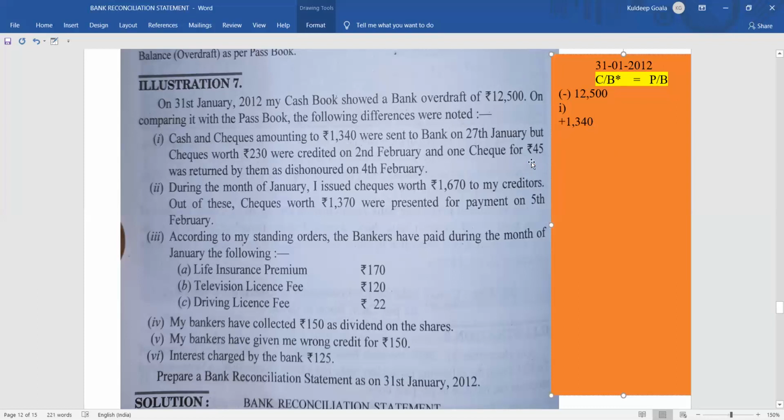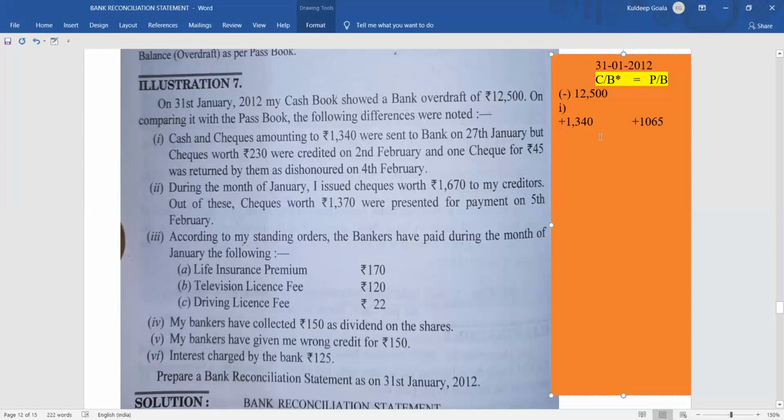Okay, so what is the amount? Let's find it. After deducting, it is coming to 1,065. So here it is coming 1,065 rupees. Okay, is it clear? How did it come?